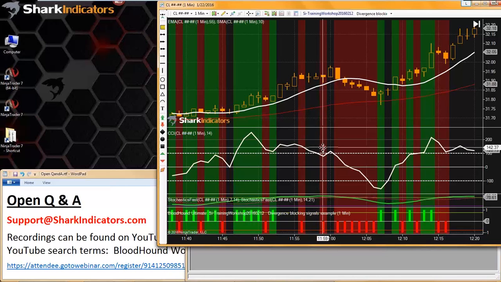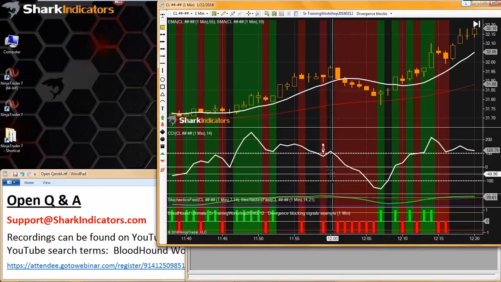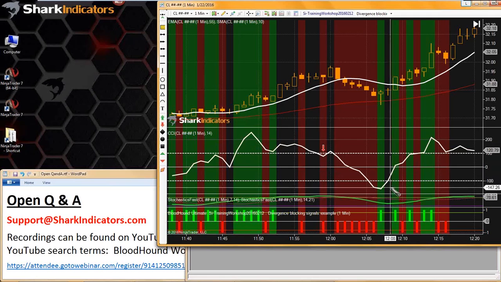So we want to identify this cross down below 100, and we want to identify this cross up above negative 100, like so. Just a moment while I read his question again. I just want to make sure I got all the components correct.